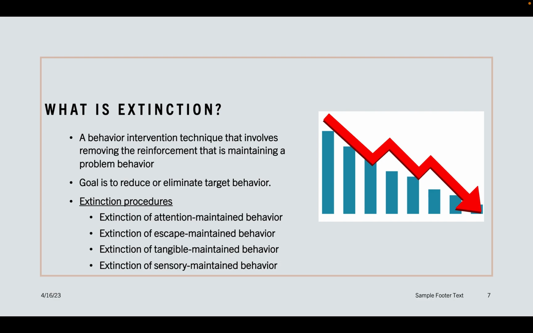And lastly, extinction of sensory maintained behavior. This involves not allowing an individual to receive sensory stimulation from engaging in problem behavior. When the individual engages in the problem behavior to receive sensory stimulation, the stimulation is not provided, which over time should lead to a reduction in the behavior.